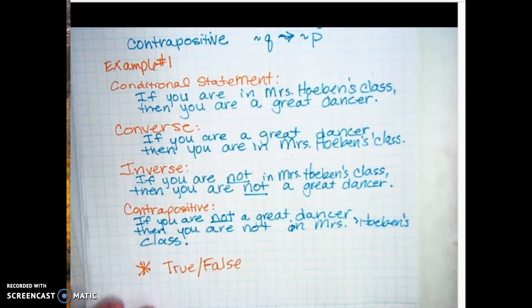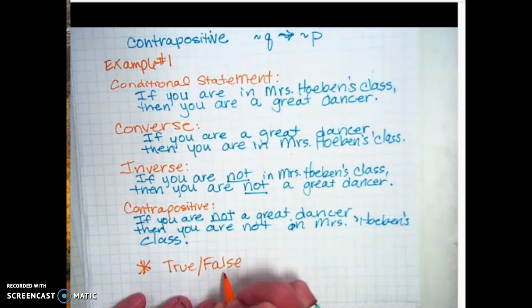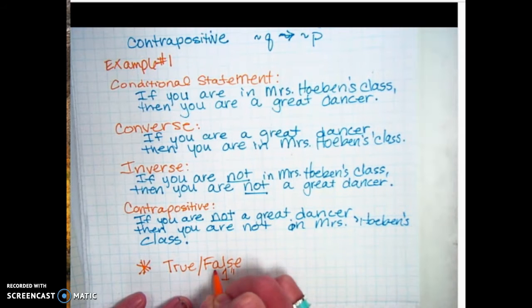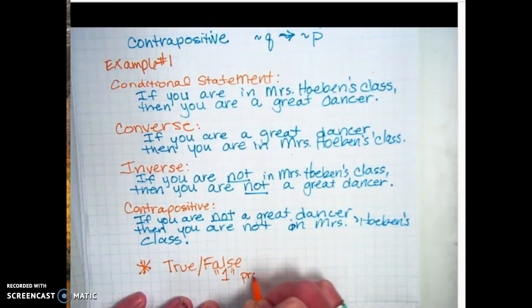Okay? So in order to prove a statement true, you can think of a million examples, right? But in order to prove it false, how many examples do you need? One. Okay? So just if you can come up with one, that will prove it false.